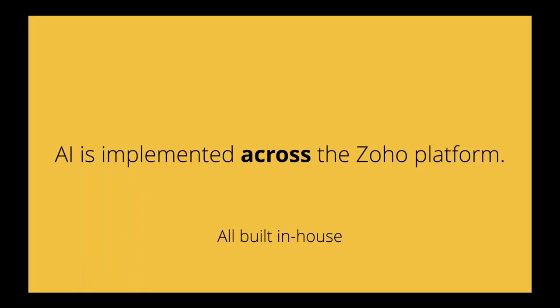Obviously, artificial intelligence is something that's really important, and it is a technology of the future that's slowly coming into being today. Well, we are working on that. We have a R&D team. Zoho has over 7,500 employees across a number of countries.